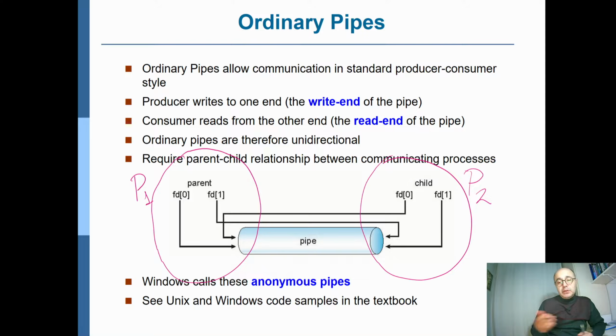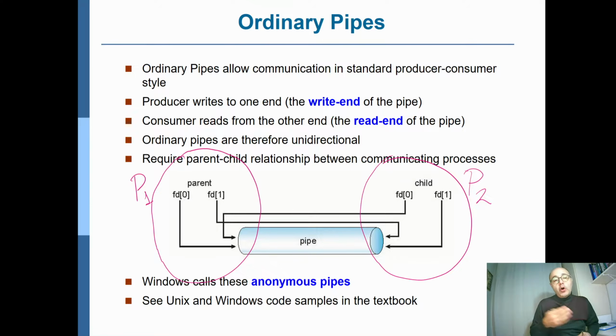Remember, when you create a child process, everything is duplicated. Everything is duplicated except for what? The return value from fork is different so that the parent and the child know whether they're a parent or a child. And their process IDs are different. Everything else is duplicated, including the file handles.